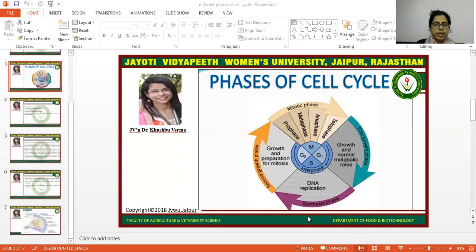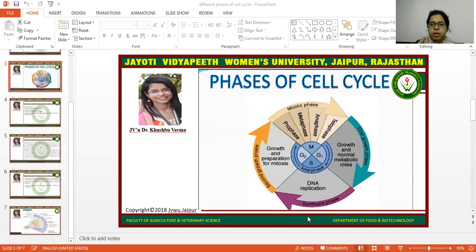This restriction point is mainly controlled by the action of CKI-P16, which is cyclin dependent kinase inhibitor P16. This checkpoint is controlled by this enzyme. The inhibited CDK does not bind with cyclin D, which is one of the important enzymes required for the cell division process.